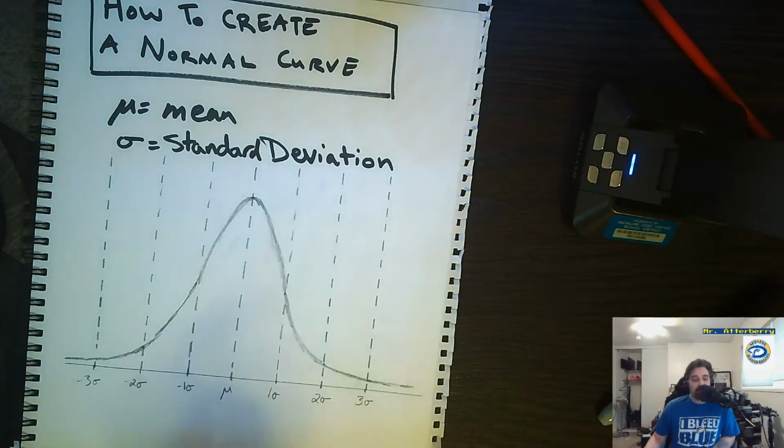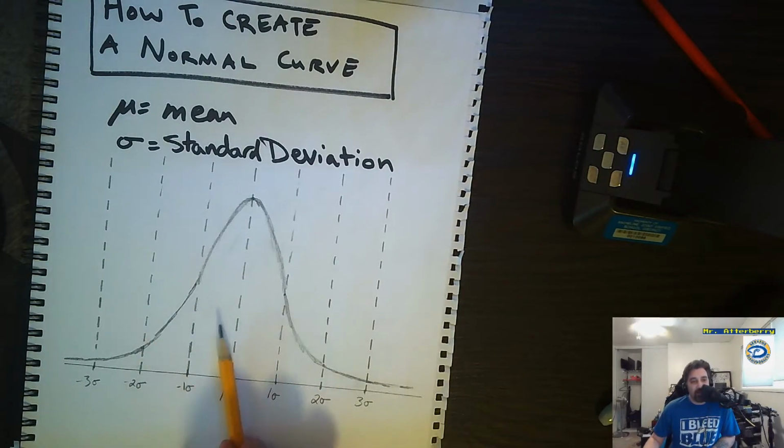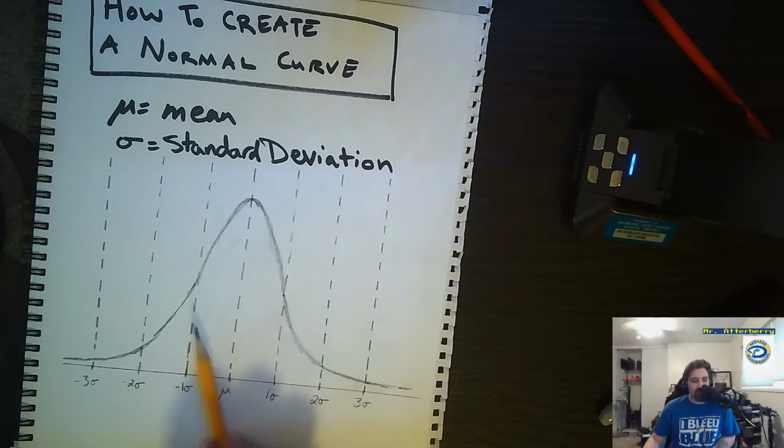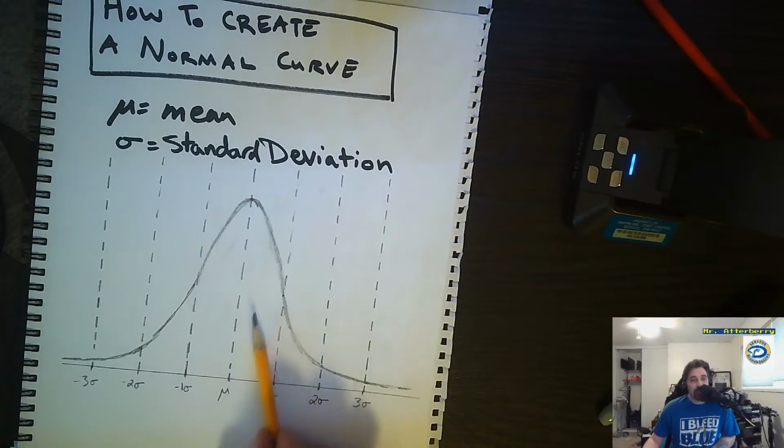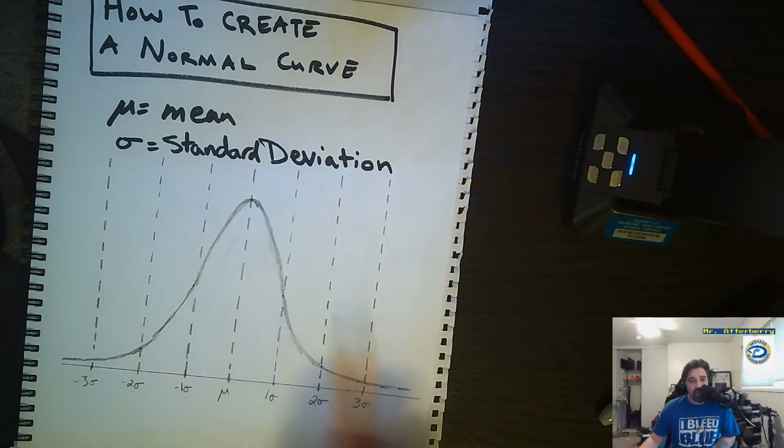These lines help us look at and analyze this graph as far as the spacing. It's very helpful to have this gap between your standard deviations.